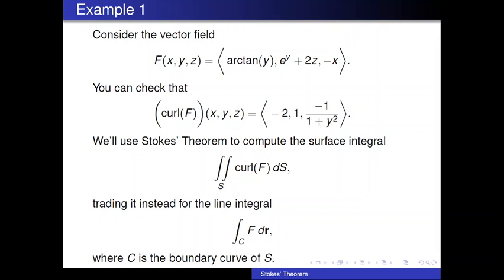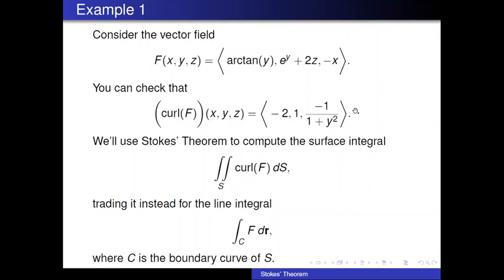And let's also check, you can do this in your own home, that the curl of F is given by minus 2 in the first component, 1 in the second component, and minus 1 over 1 plus y squared in the last component. That is negative the derivative of arctangent of y with respect to y, I see.